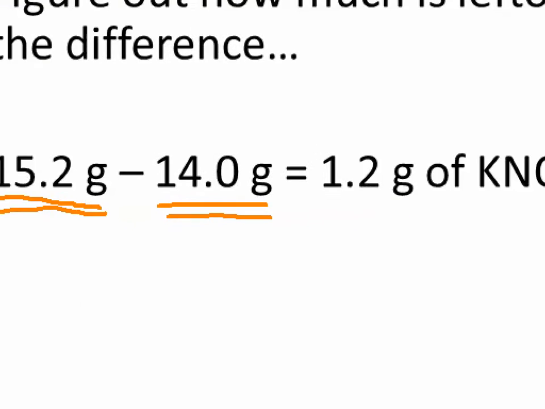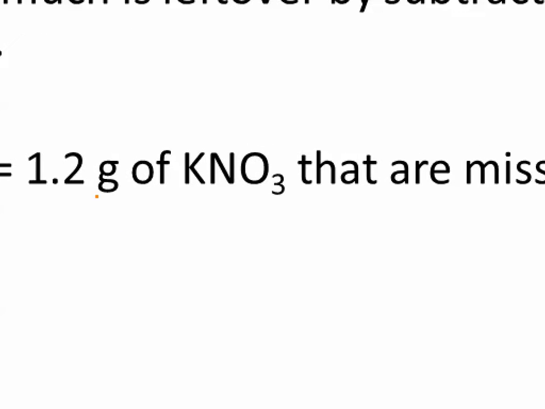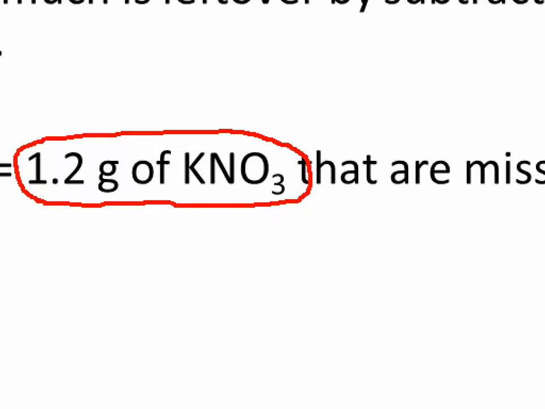And so then what we get is 1.2 grams of KNO3 that are missing. So we would need 1.2 extra grams of KNO3. You see that? So this is extra, far above and beyond what would actually happen.